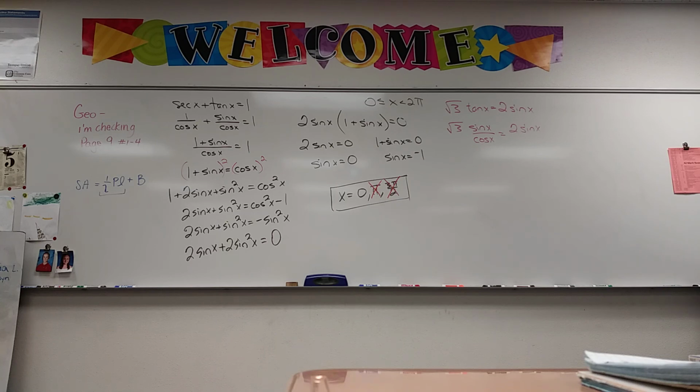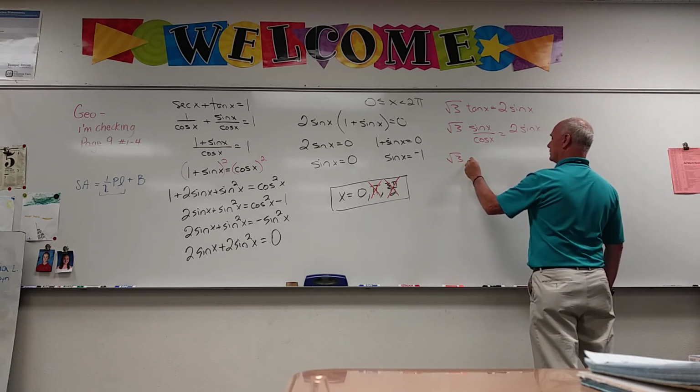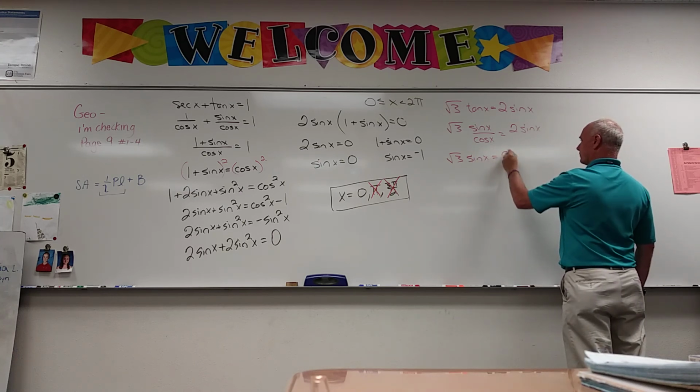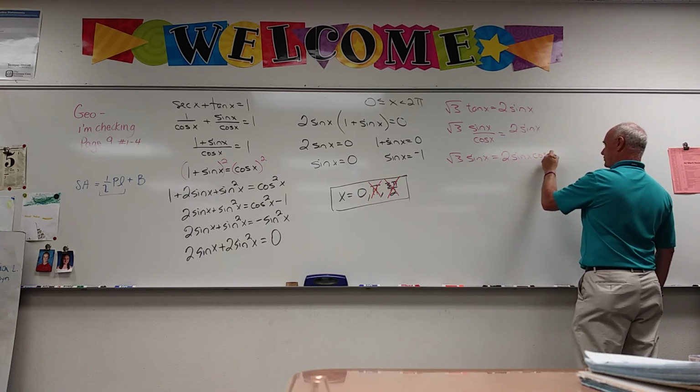Get rid of the fraction. Multiply by cosine. I still don't like the square root of 3. So square root of 3 sine of x equals 2 sine of x times cosine of x.